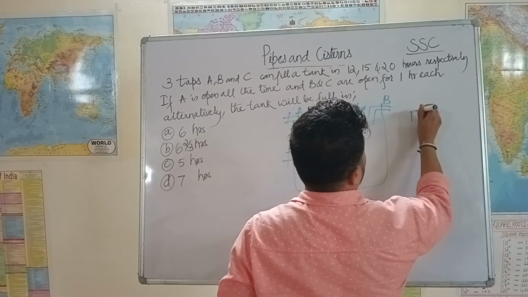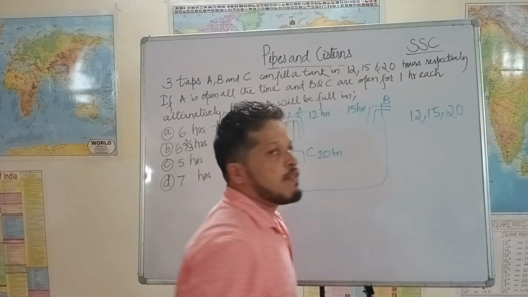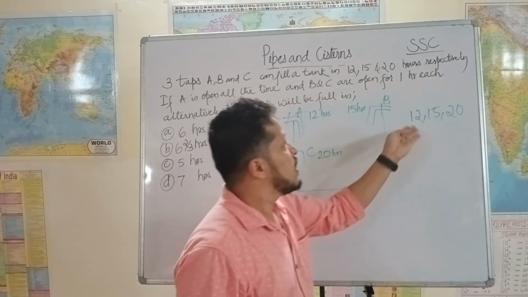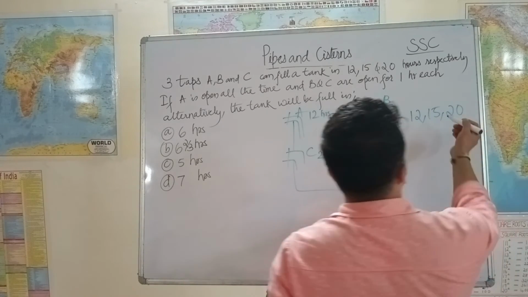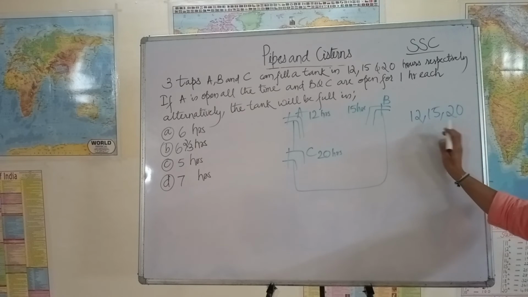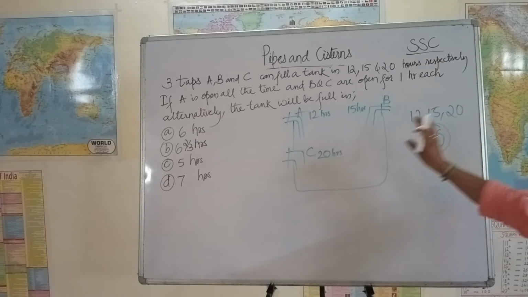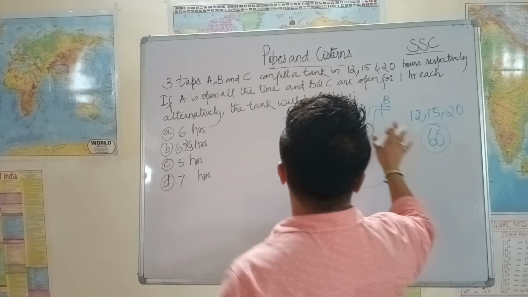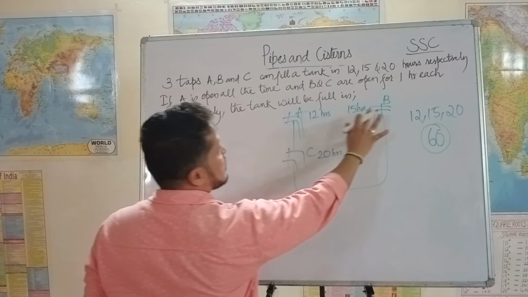The LCM would be the largest number or its multiple, so it has to be either 40, 60 or something, and 60 is ideal because 60 is divisible by 15 as well as 12. So 60 is the LCM, and let's assume 60 liters is the capacity of the tank.